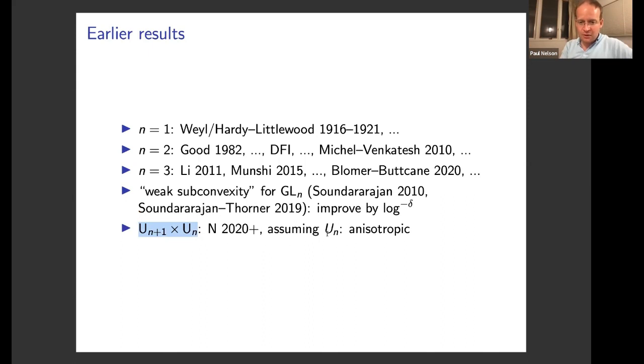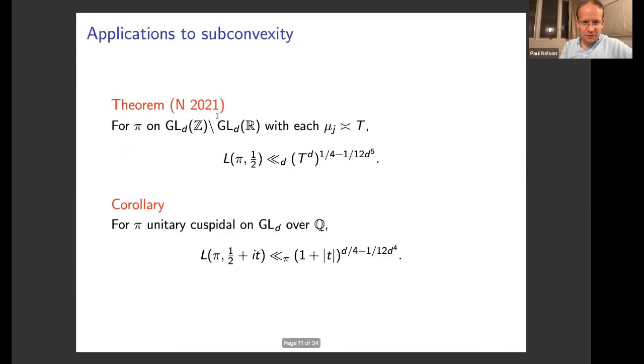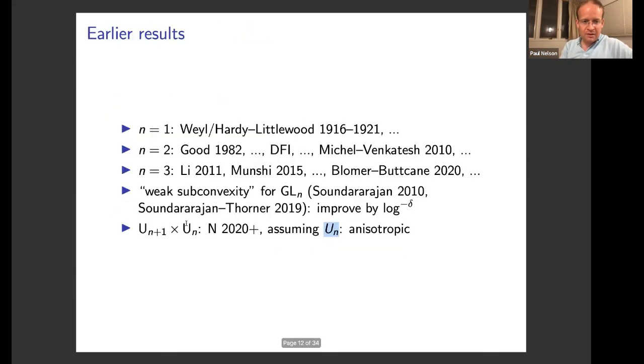for anisotropic unitary groups. So this GL(N) result that I've stated here, I obtained by taking the U(N) result. So U(N) is kind of like a twisted variant of GL(N). You can think of GL(N) as like a unitary group attached to the split extension of Q rather than a non-split number field extension.